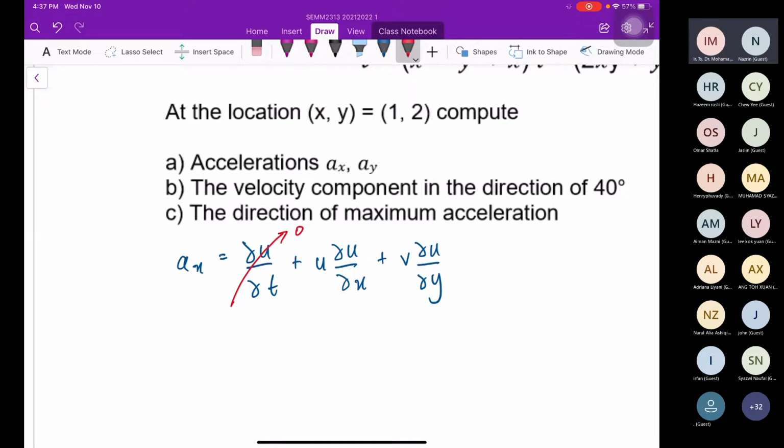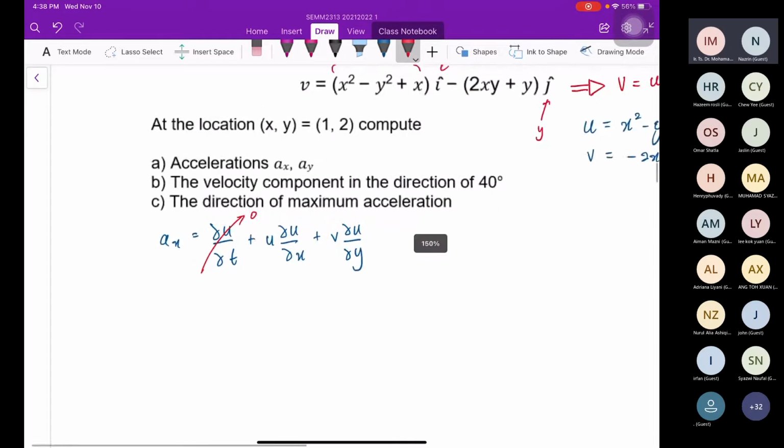It doesn't mean the time equals 0. It is not t equal to 0. It means there is no change of property over time, so it is constant. Please don't confuse it with time equal to 0.